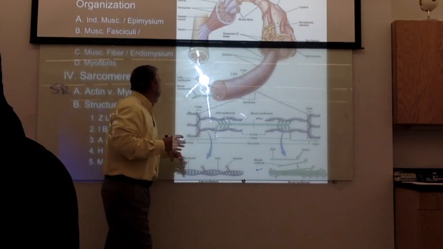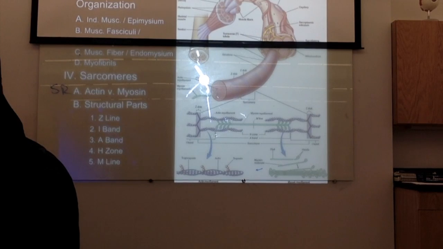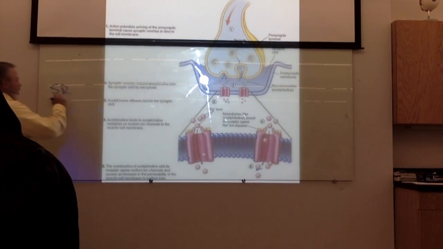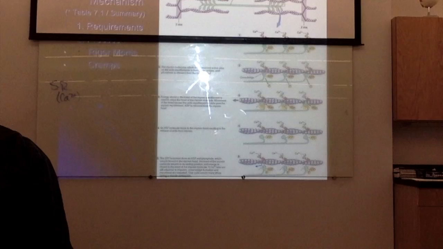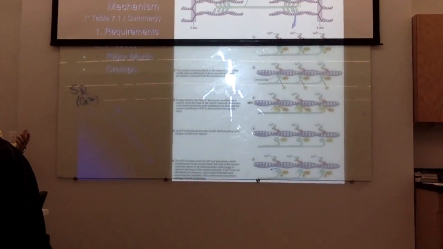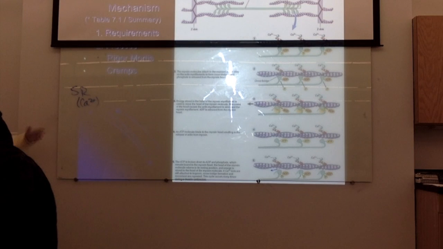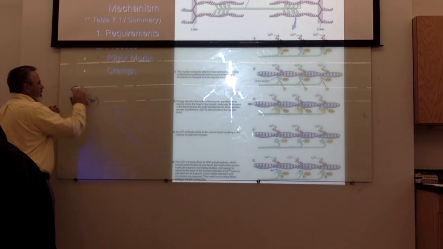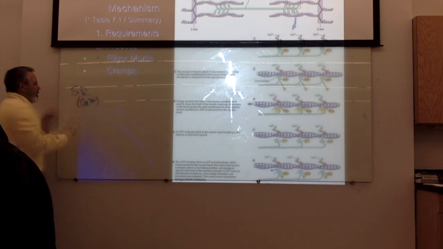Now, SR is saturated with calcium ions, Ca2+. When your muscle fiber is stimulated by a motor neuron action potential, all of a sudden the SR becomes permeable to the calcium ions.